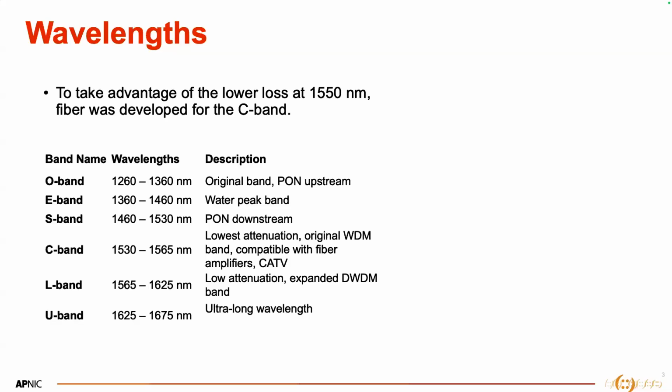The client end is having a 1530 nanometer wavelength, whereas at the WAN side, or the network side, or NNI we call it, we have a different range. Why is that? When we talk about WDM, we are talking about the WAN side.